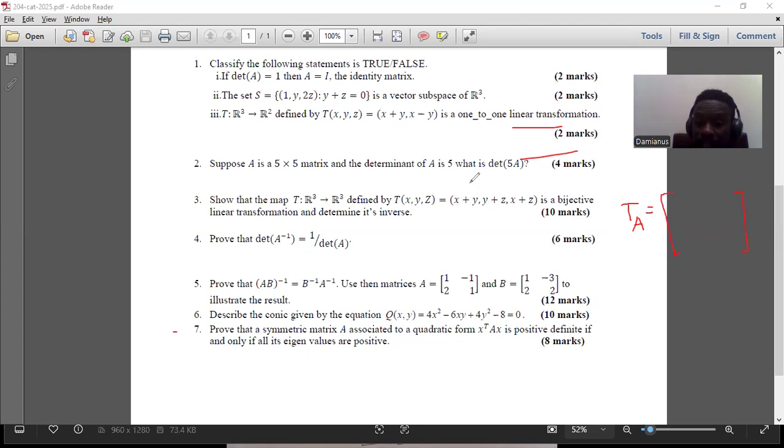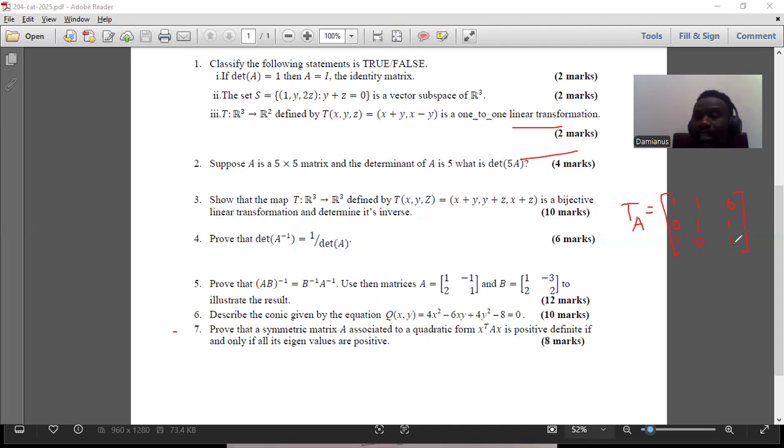Well, for the first one, the coefficients of X and Y are 1, 1, and Z is 0. The second one, the coefficient of X is 0, the coefficient for Y is 1, the coefficient for Z is 1. Then the last one, the coefficient for X is 1, for Y is 0, for Z is 1.